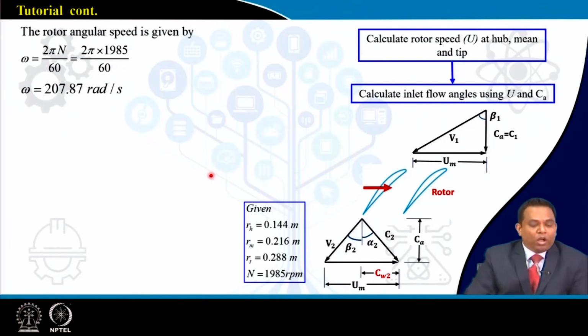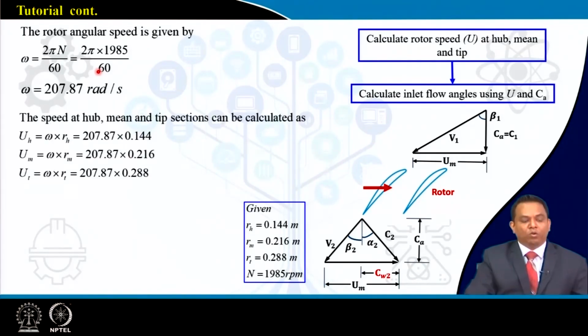What we know is that the rotor angular speed is 2 pi N by 60. Since my rotational speed is given as 1985, by putting that in we get our angular speed as 207.87 radians per second. This is now known to us.